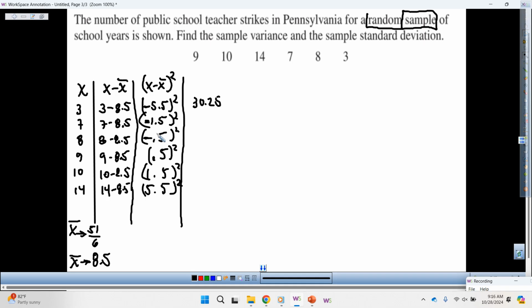How about 1.5 squared? Is that 2.25? 2.25. Negative 0.5 squared is 0.25. 0.25. 2.25. And 30.25.